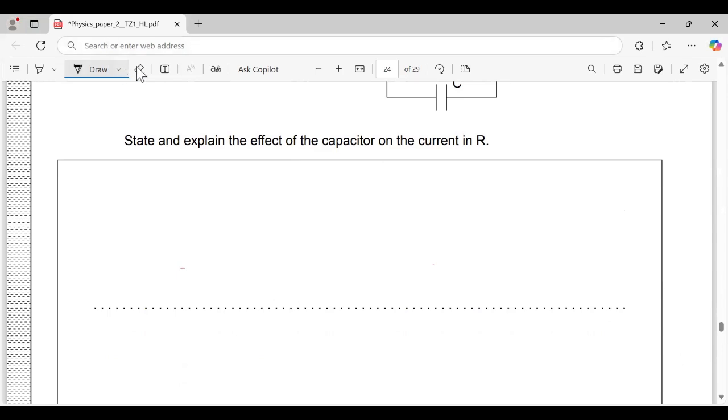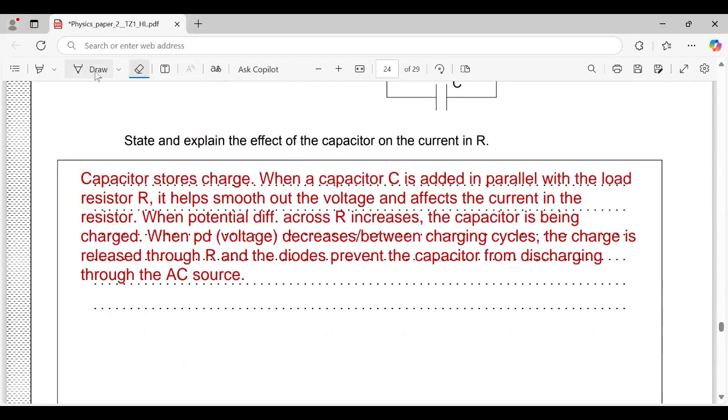I have provided my explanation also. This capacitor stores charge. When a capacitor C is added in parallel with the load resistor R, it helps smooth out the voltage and affects the current in the resistor. When potential difference across R increases, the capacitor is being charged.